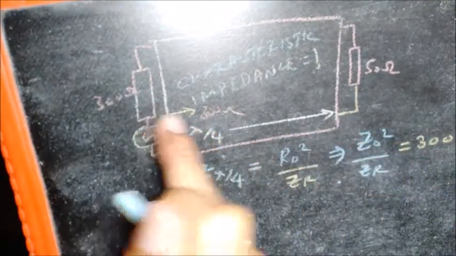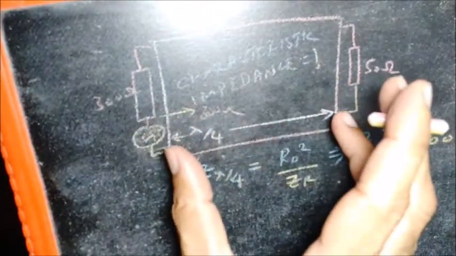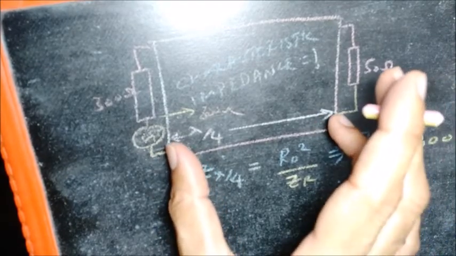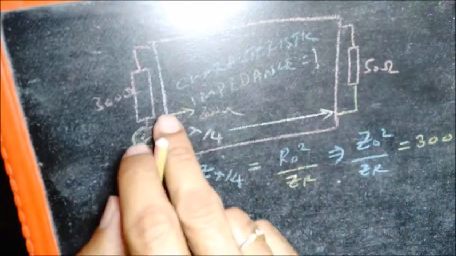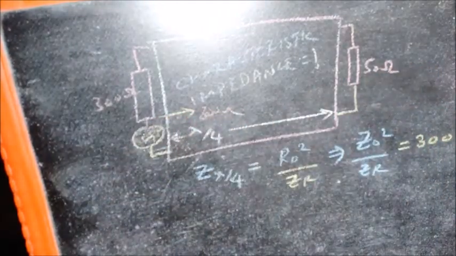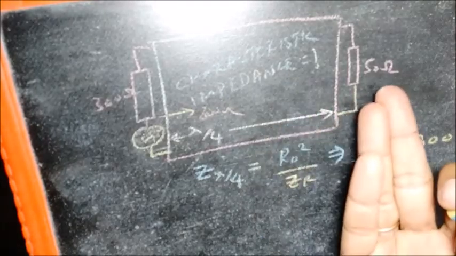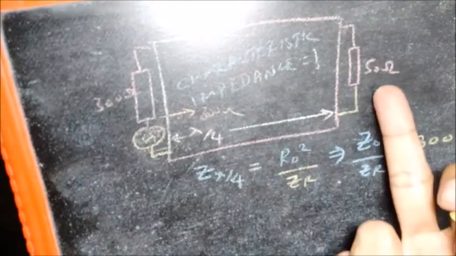So if we can somehow adjust the characteristic impedance R0 or Z0 of this, such that the input impedance is 300 ohms, then we are done. In our case, ZR is 50 ohms because that is the load resistance.